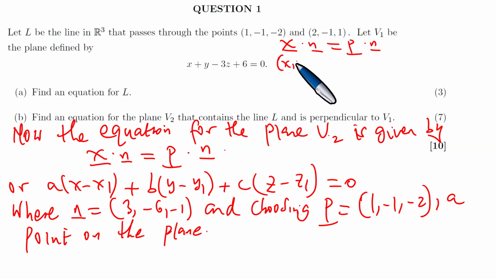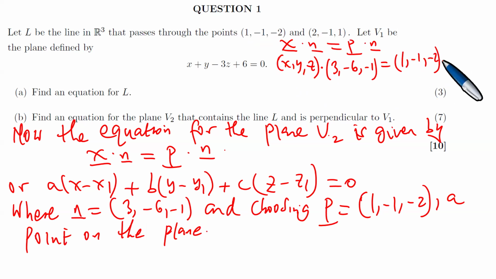X is (x, y, z). The normal is (3, minus 6, minus 1). The point we chose is (1, minus 1, minus 2). Dot the normal, which is (3, minus 6, minus 1).